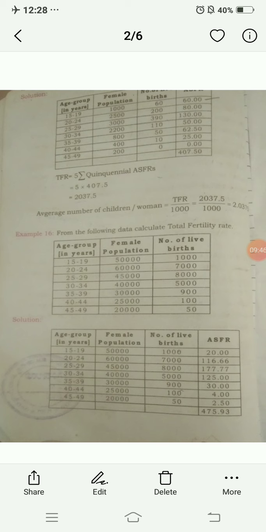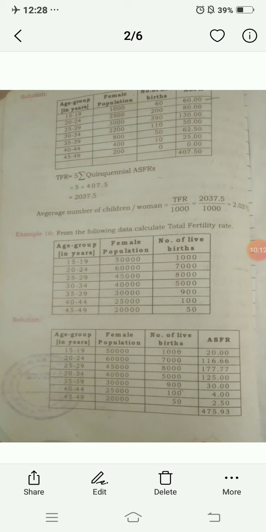From the following data, calculate the total fertility rate. You need to apply the same procedure to the second problem. Here the age groups, female population and number of live births are already given. By using the number of live births and female population, you need to calculate the age specific fertility rate.